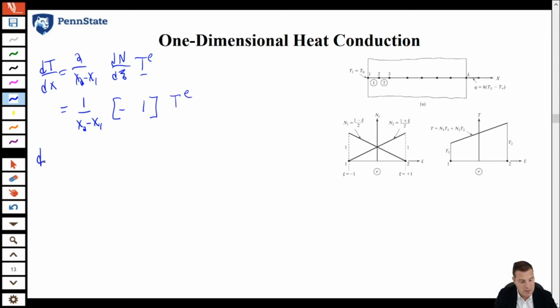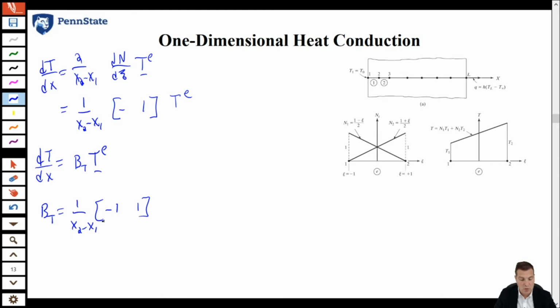Okay, so dT dx is equal to B_T T e, where B_T, the derivatives of the shape functions for the thermal part, is 1 over x2 minus x1 times negative 1, 1. We should be pretty familiar with that because it was the same in the 1D case.